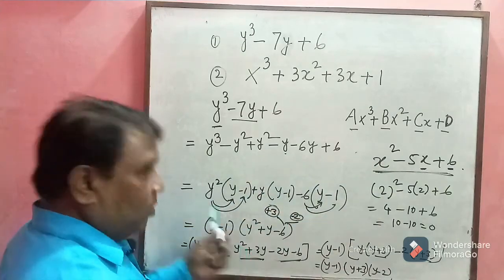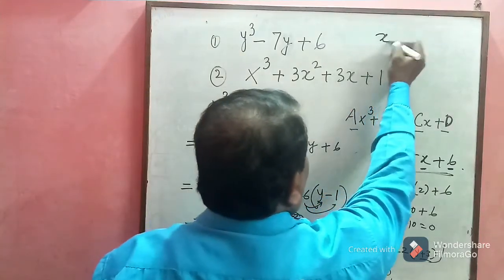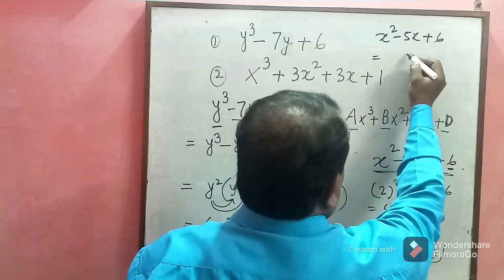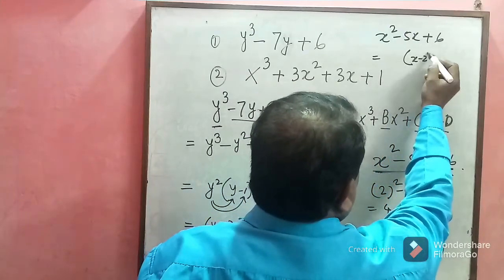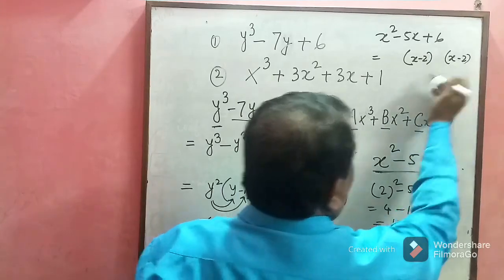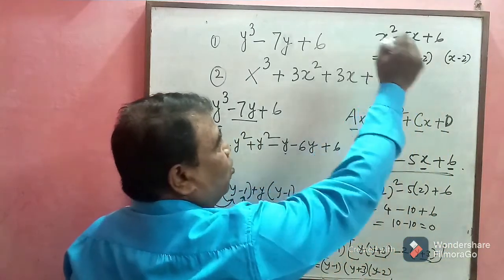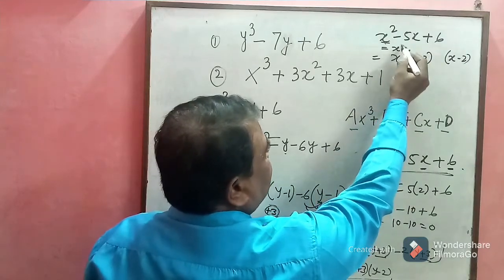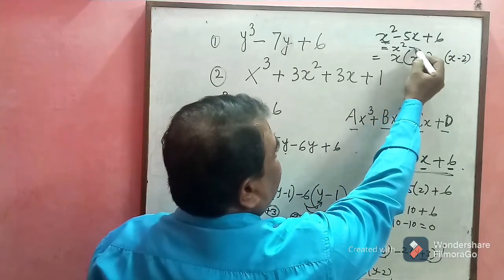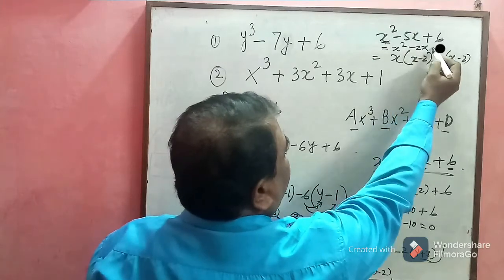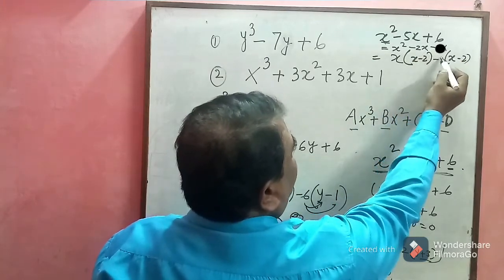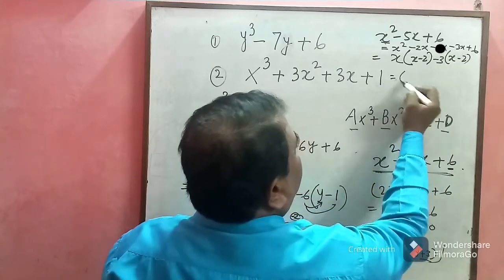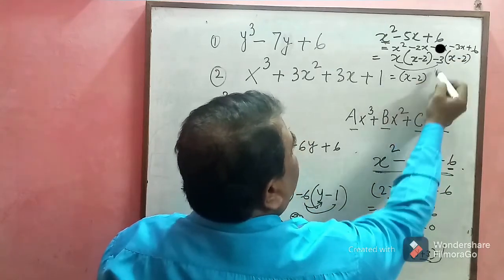Even if you don't know the middle term splitting, once you have come to know x minus 2 is a factor, you write it twice, because degree 2. Now balance, x multiply, you leave one line, this is x square, and this is your minus 2x. So we need minus 3x again, so you put minus 3, here minus 3x plus 6. This way it is x minus 2 common and x minus 3.